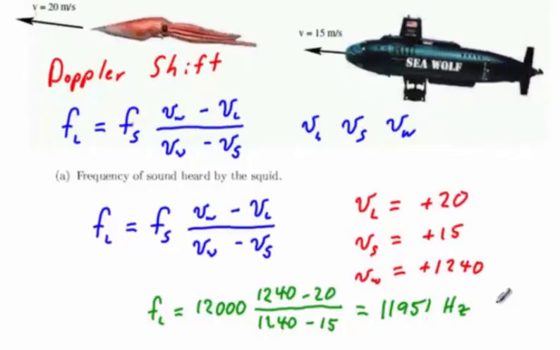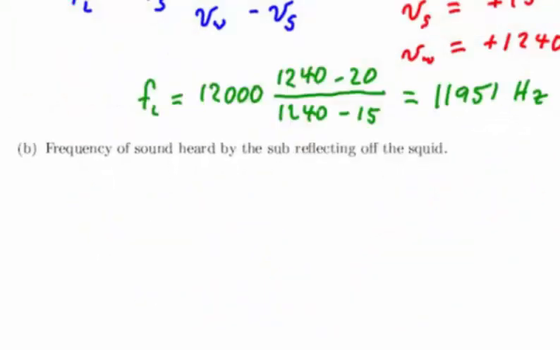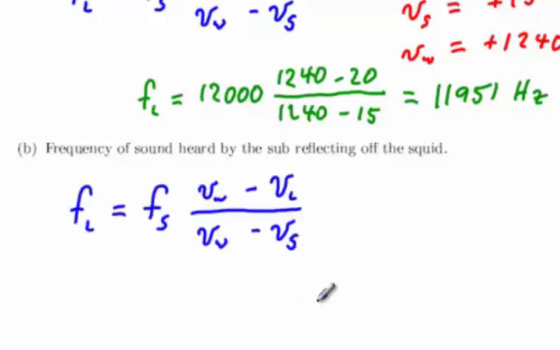Now let's solve for part B. In part B, we're to determine the frequency heard by the submarine after the sound has reflected off the squid. Again, we use our familiar Doppler equation. Although many textbooks might tell you that at this point you have to change the sign convention on your velocities, I'm going to tell you just the opposite.